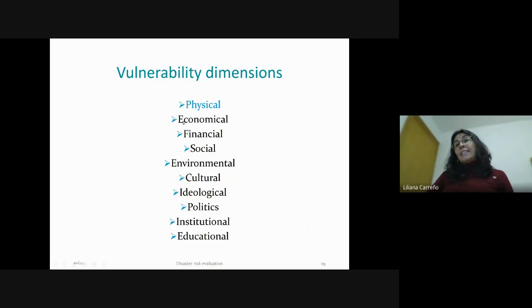But in this seminar, I will focus on the first one, the physical vulnerability. But if I need to understand in a holistic way, in an integral way, the problem of disaster risk, I have to include also other dimensions of vulnerability.